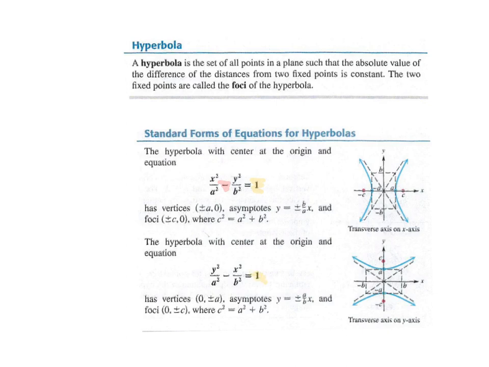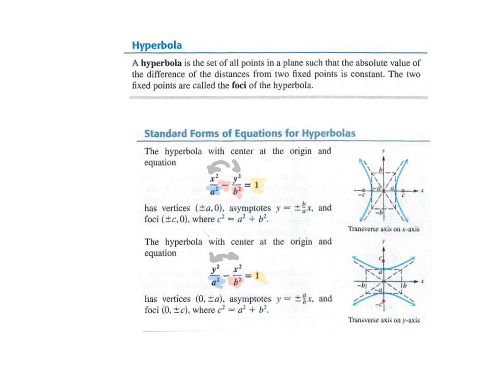Now, the key difference also is, remember, the a squared and the b squared switched in the ellipse. Now what's going to happen is the a squared and the b squared stay in the same spot. What's going to move is your x squared and y squared.